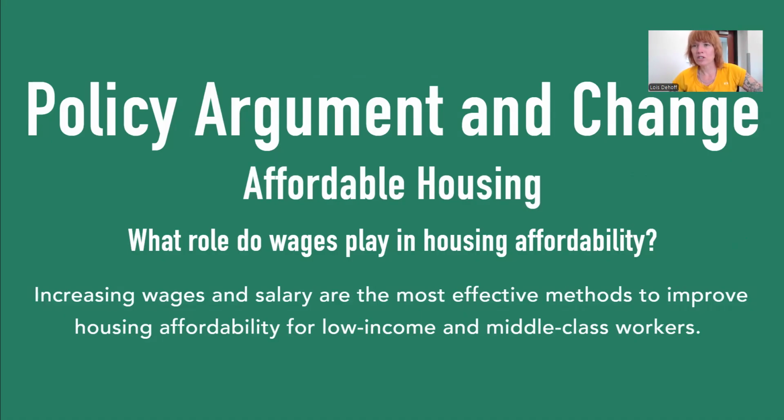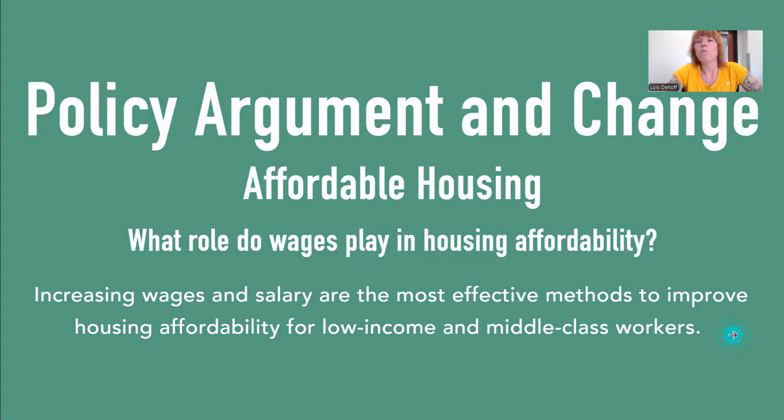Next, what do you want to know about that, or what subsection of this bigger topic do you want to know more about? We say affordable housing. What are some questions I have about affordable housing, and what is my answer, which is my thesis? This is this inverted triangle that we go through in our minds as we are trying to begin our research process.